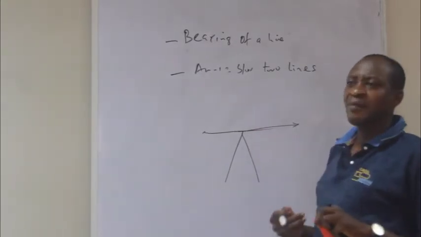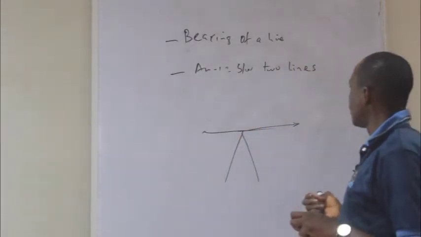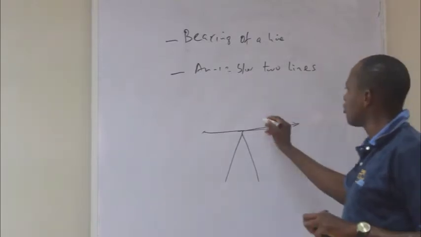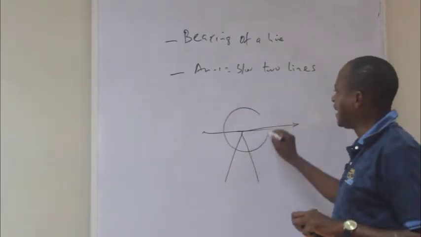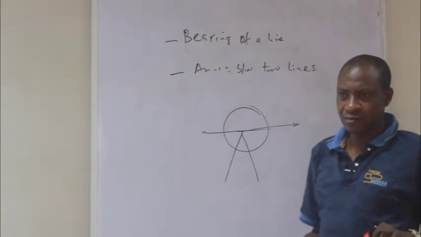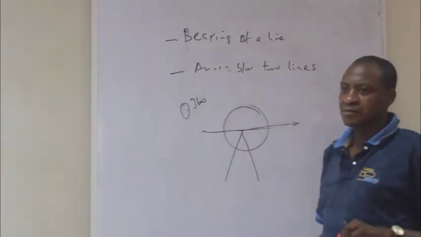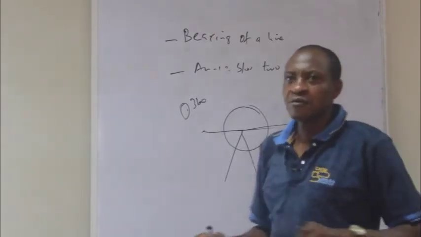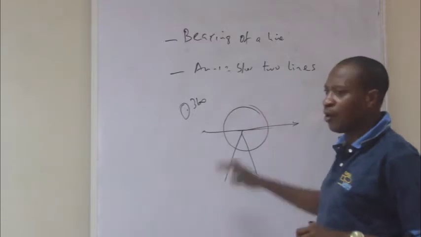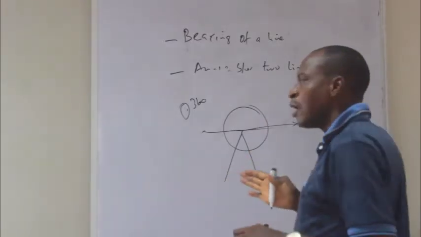Because of the magnetic north, we have to place something on it to help us carry out measurements. Because you know, the angle at a point is 360 degrees. So if you stay at a point and rotate the graduated ring attached to the magnetic needle, it will let you know how you are moving.